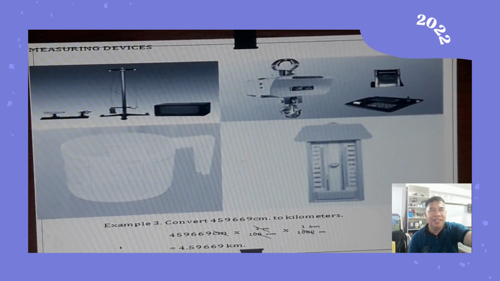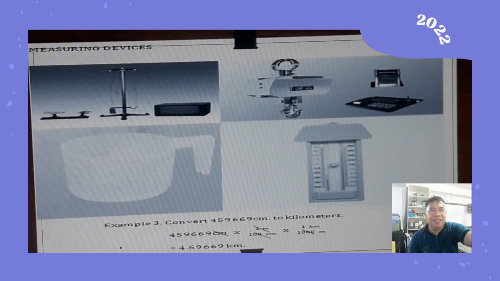Then the third picture is another measurement device. I'm not quite familiar with this material. But the fourth one is all about measurement of temperature. So it is a device used for measuring the temperature of the area.